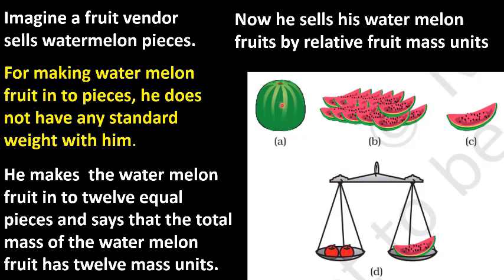So here watermelon fruit is cut into 12 pieces, and one piece is kept on the right side of the pan, and on the left side, whosoever the mass to be found, it is kept. Therefore, if both the pans occupy equal positions, then we can say that the mass of these unknown objects is equal to 1 fruit mass unit of watermelon.